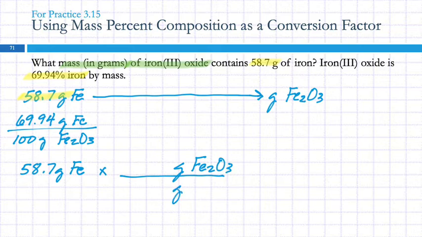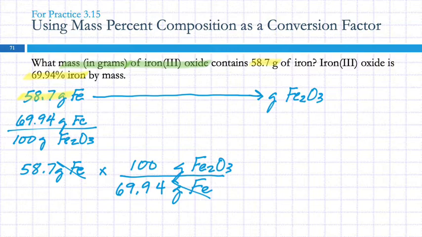So I need to divide by grams of iron. This is the same way we use density as a conversion factor. So I take the number and keep it with its unit, 69.94 grams of iron. That goes on the bottom because that's where grams of iron is. And 100 grams of Fe2O3.